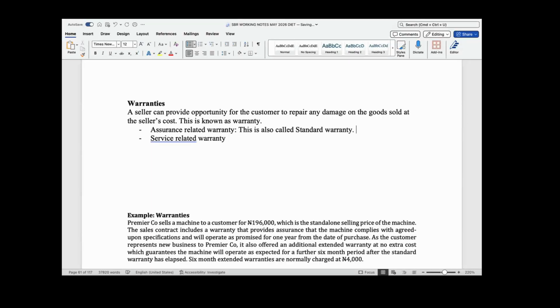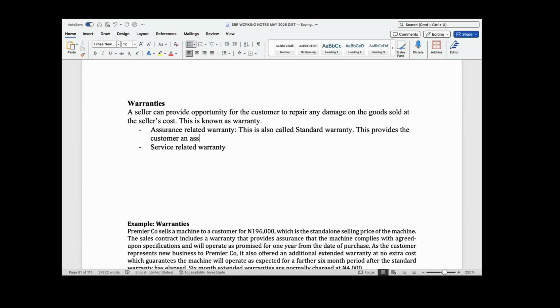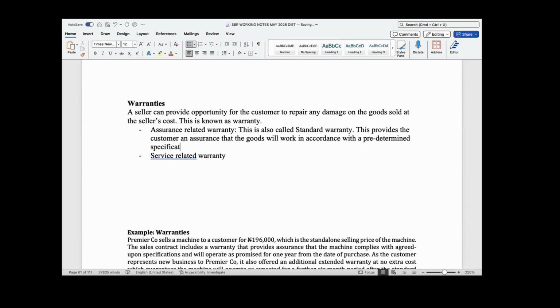This provides the customer an assurance that the goods will work in accordance with predetermined specifications.